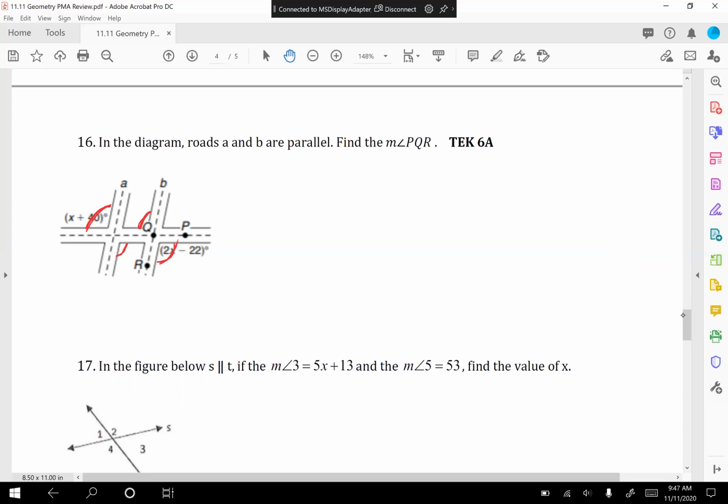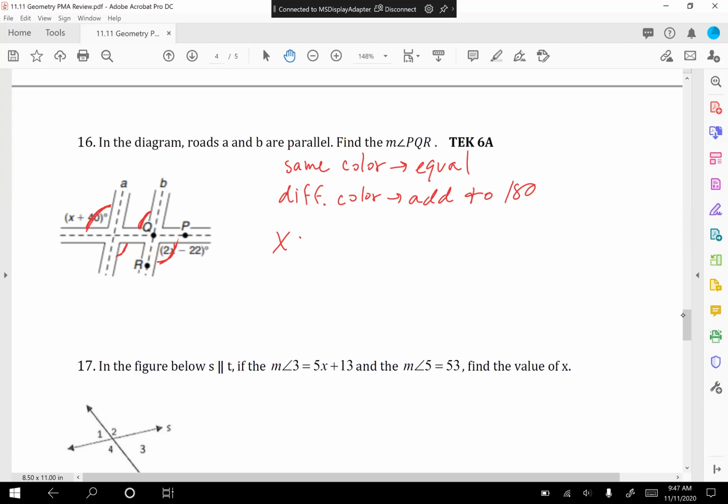Yes. So that means that they are equal. So same color means they are equal. Different color, you add to 180. All right, so these are the same.